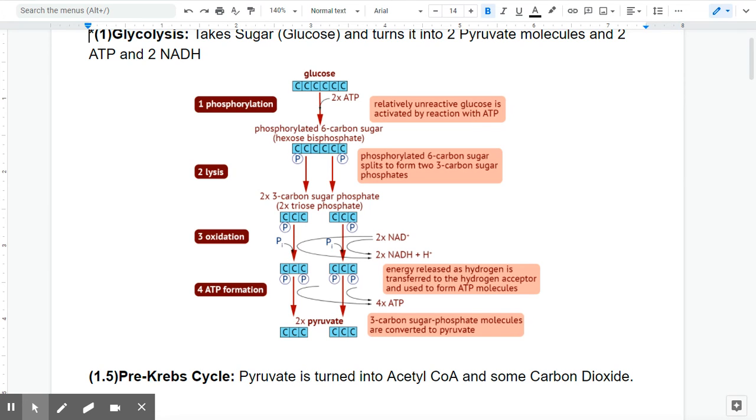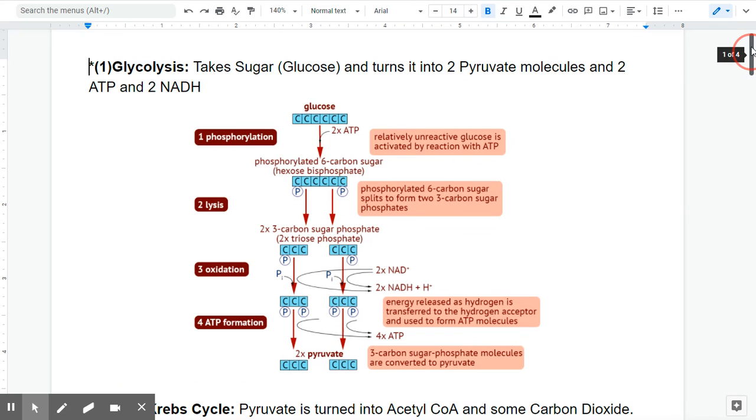Okay, so here are your handouts. So this shows glycolysis step by step, and I'll go into more detail on what's happening. So in glycolysis, we take sugar, turn it into 2 pyruvate and 2 ATP and 2 NADH.